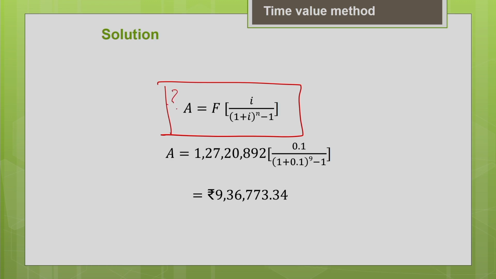A is unknown; F, I and N are known. Using this you calculate that every year I should deposit 9,36,773.34 rupees into the sinking fund, so that at the end of 9 years I will generate an amount of 1 crore 27,20,892. With that I will be able to replace my old machine with a new machine.